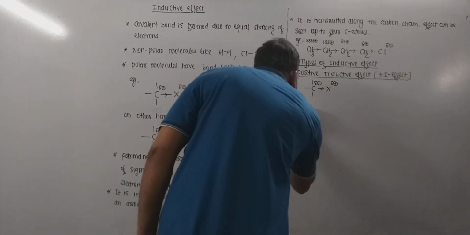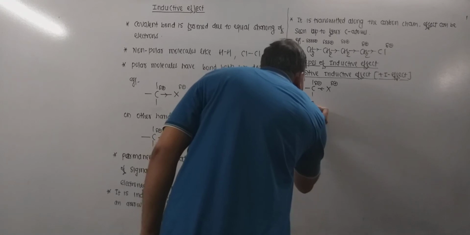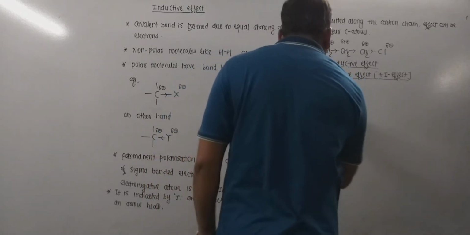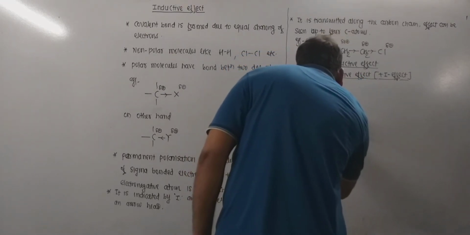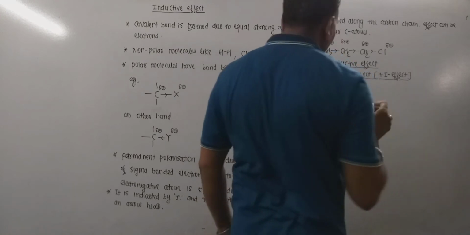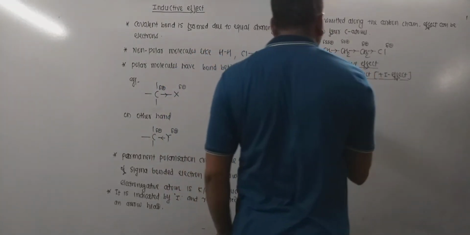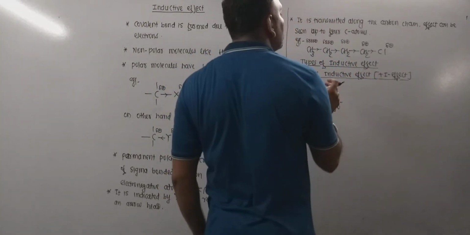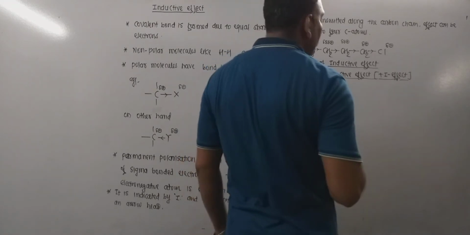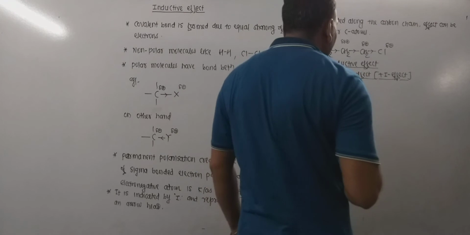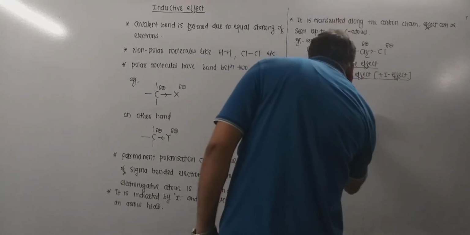So plus I groups cause positive inductive effect. For example, consider the phenoxide ion, C6H5O minus. This is the plus I group. I mean instead of X, if this group is present, then this may initiate positive inductive effect on a large scale.